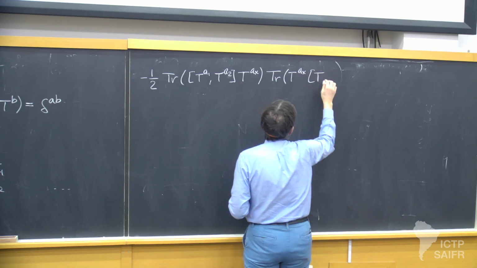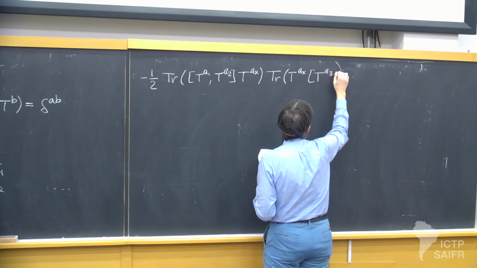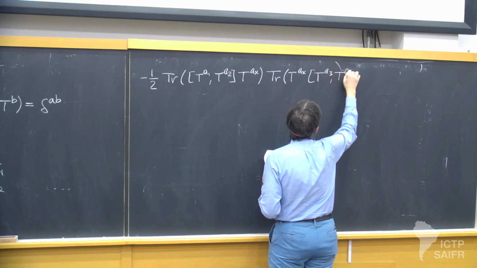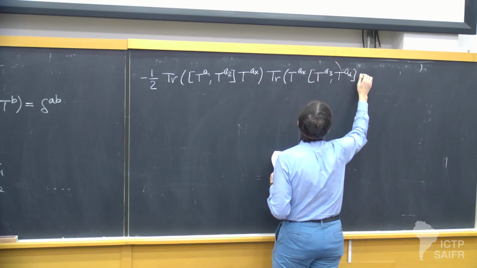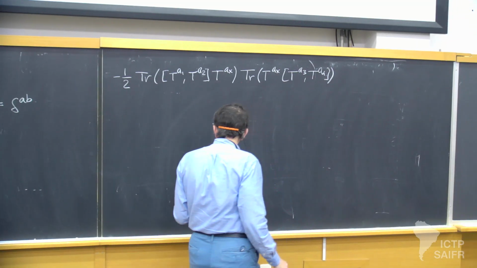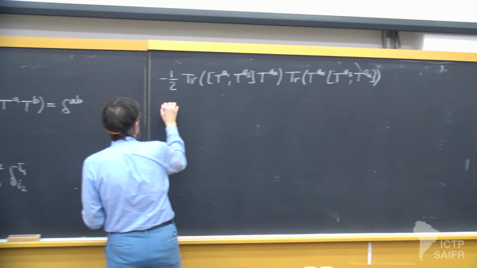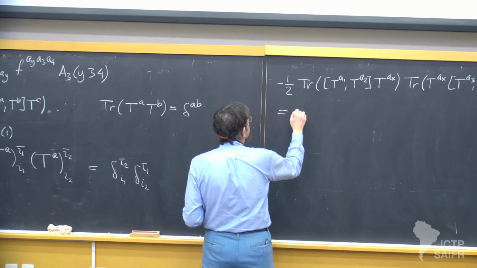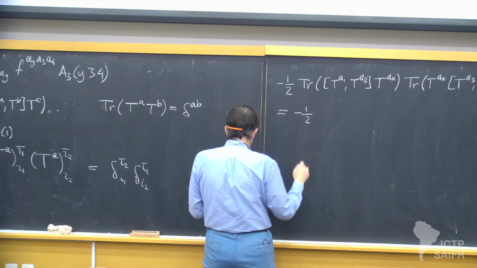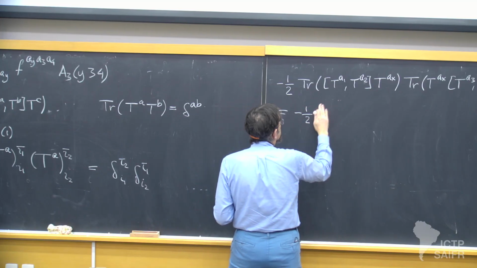And then the commutator, and I'm using the cyclicity of the trace here to rewrite this in a more obvious form. And so this thing is just going to combine the two traces together.